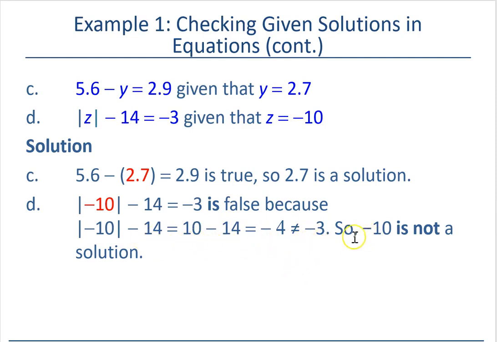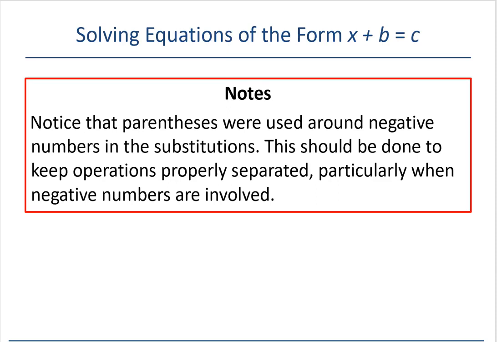Does this work? No. Negative 10 is not a solution, because they're saying that this all has to equal negative 3. So, no, does not work. Unfortunately, it's false. So let's continue on.